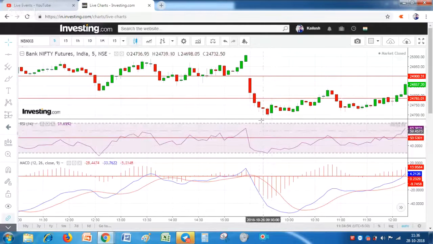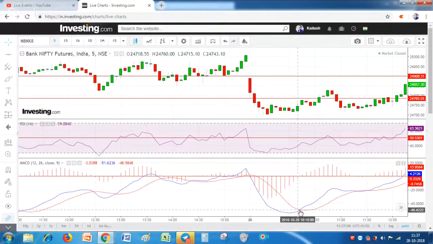And see what was the condition of MACD at that time. MACD at that time was still on the short side. But at this level, friends, there is a bullish crossover now. The level was somewhere around 24,720, 30.